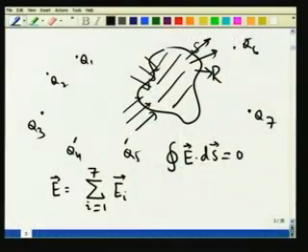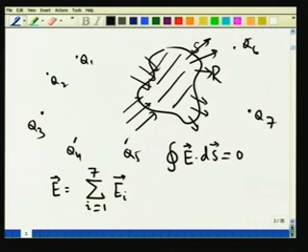Similarly, from Q2 there is a certain flux that enters and there is a certain flux that leaves. Whatever enters is exactly equal to whatever leaves, whatever exits from this particular surface. That means this region does not enclose any source or any sink. All the possible sources and sinks are located outside this region. If Q is positive, by convention we say that it is a source for the electric field.